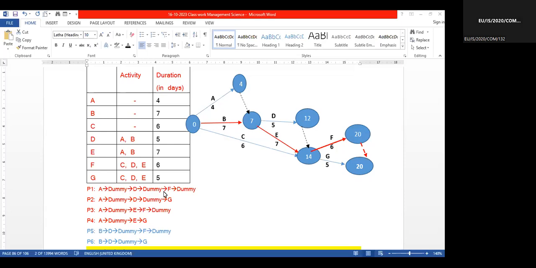They are B, E, and F. The other activities are non-critical activities. These activities are A, B, C, and G. What is the total duration of this project? 20 days, sir.